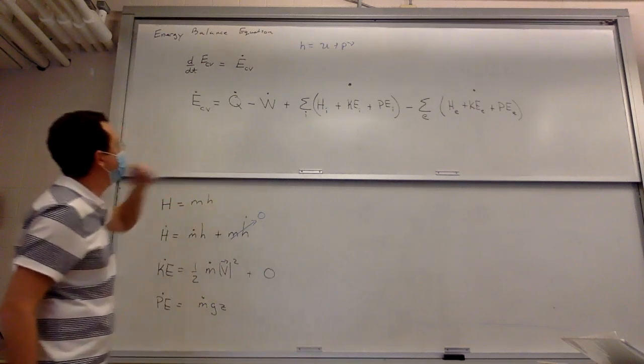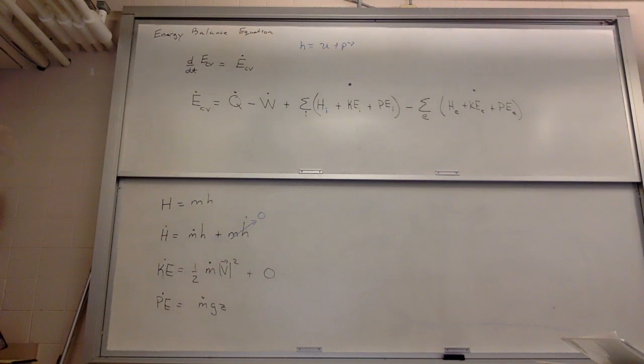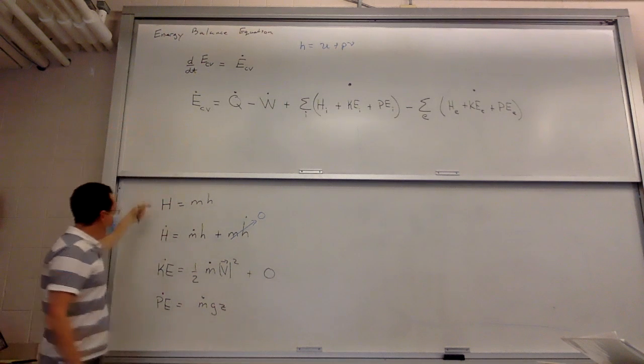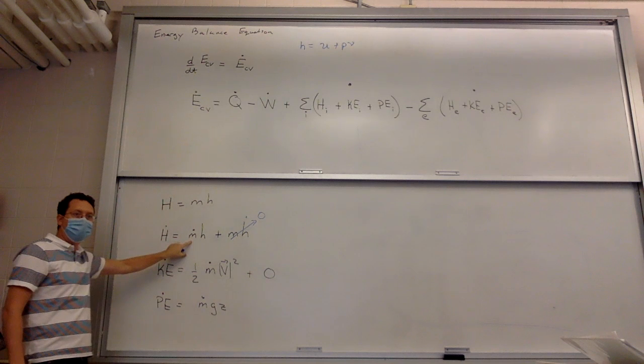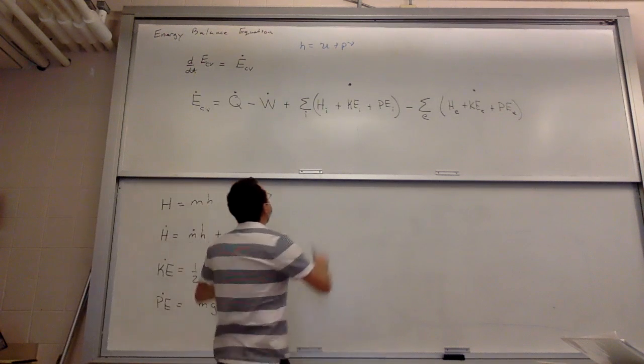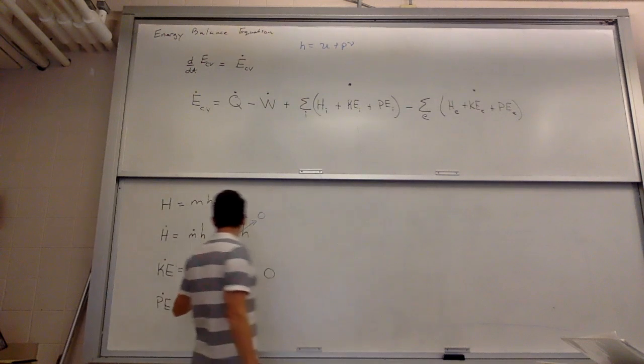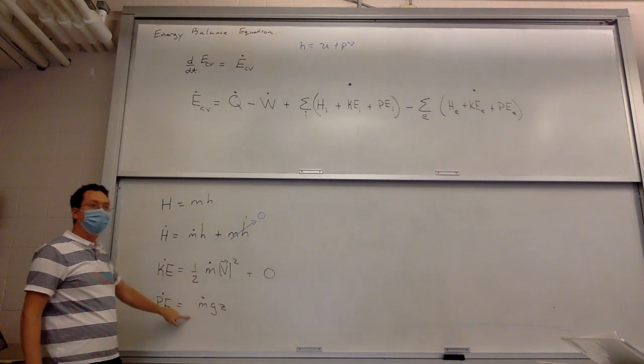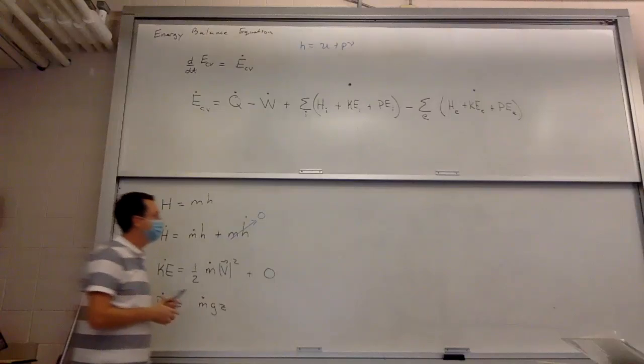So now you can kind of maybe see how we're going to write this. What we're going to do is rewrite all these time derivatives using these ideas. And then what you see is every term is proportional to m dot. So you can pull it out.